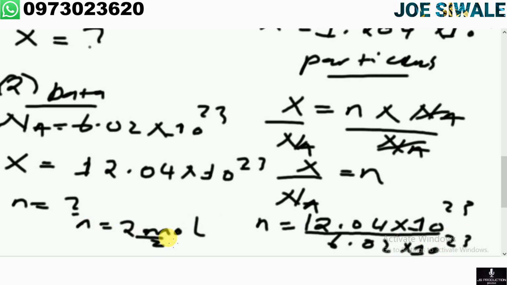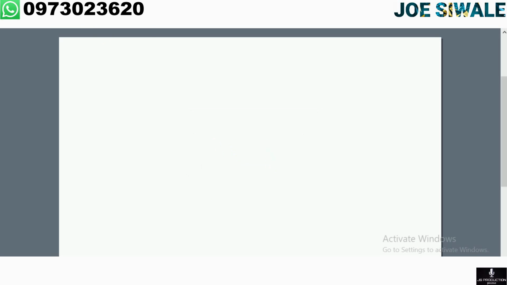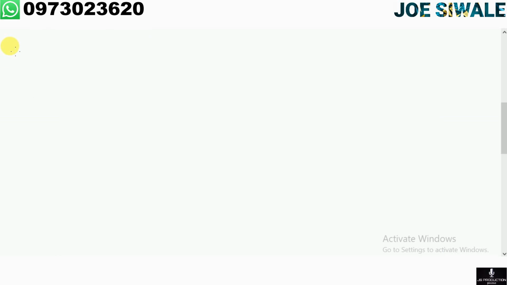Let us look at question 3. So question 3, it says how many particles of magnesium are contained in 2.4 gram of the substance. So the first thing is to collect the data.